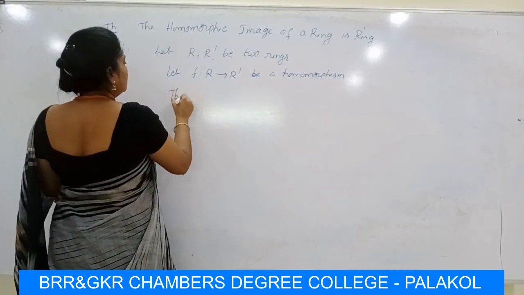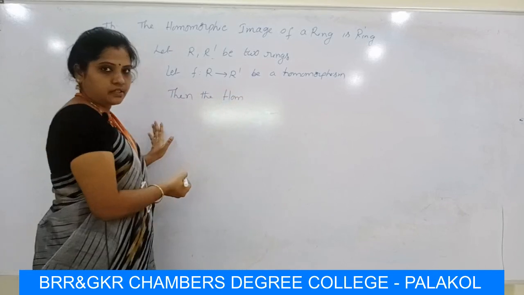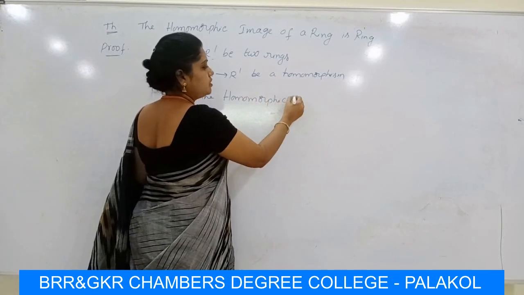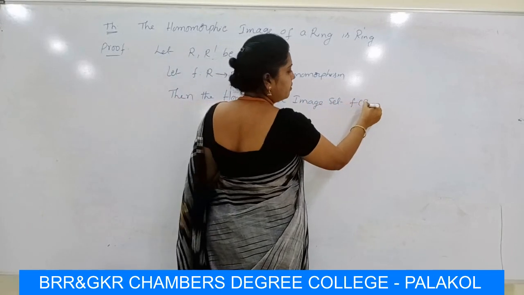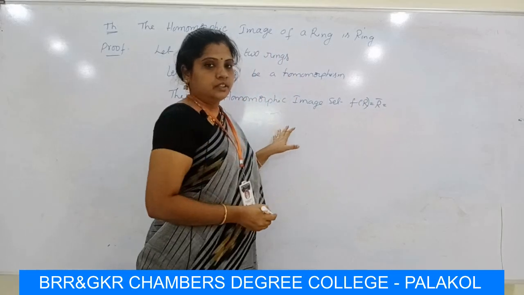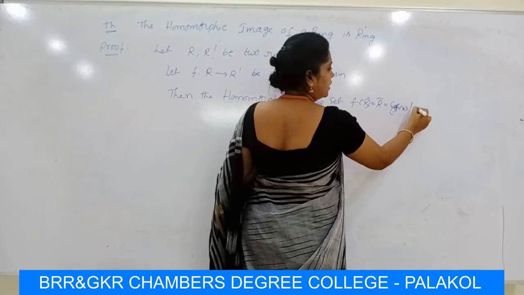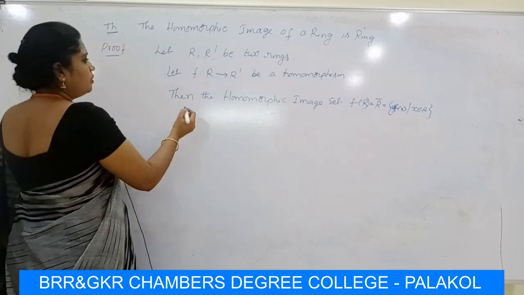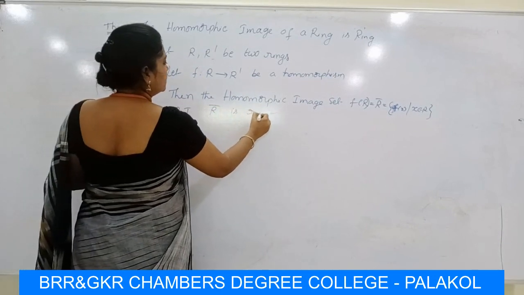Then the homomorphic image set is denoted as f of R, that is equal to R bar, which contains elements f of x such that x belongs to R. We prove that R bar is a ring.